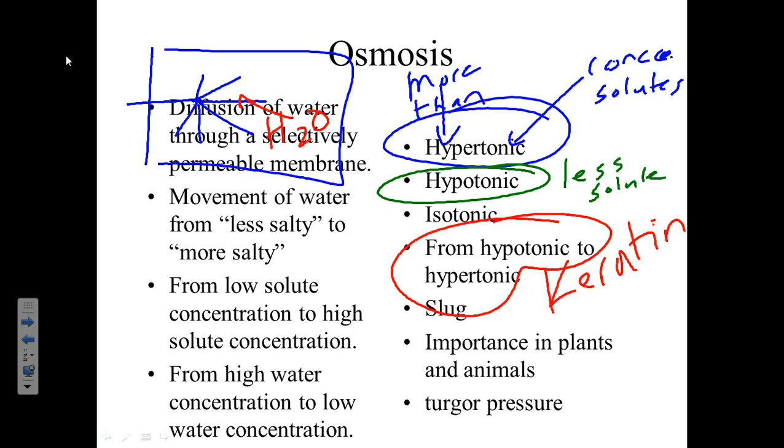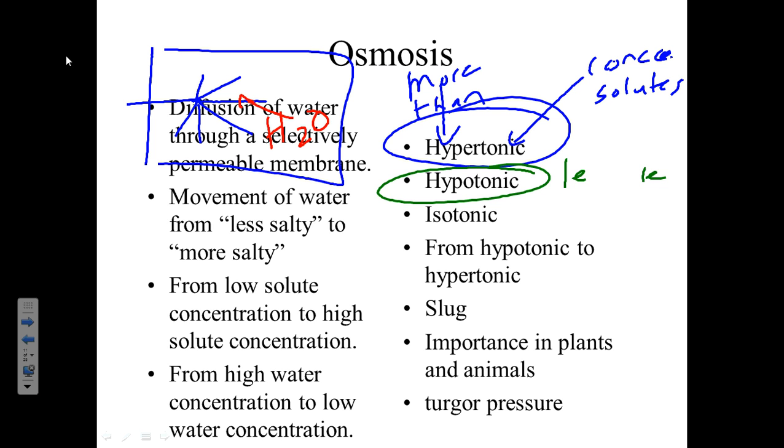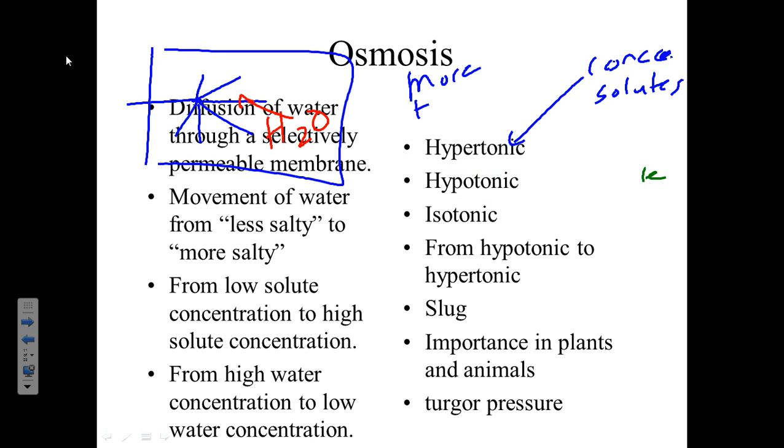Think about one more example. We sort of talked about this a little bit yesterday. Let's say you're living back in the 1500s. You just killed a deer. It's fall.